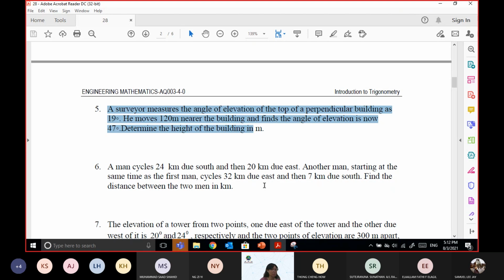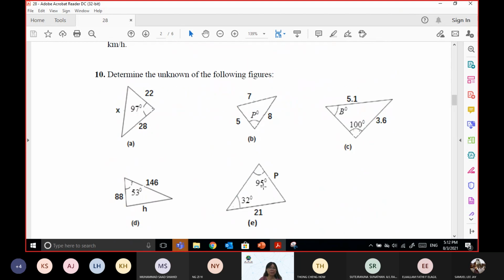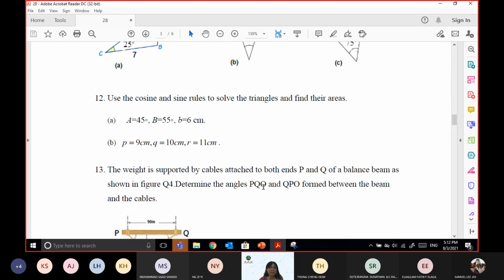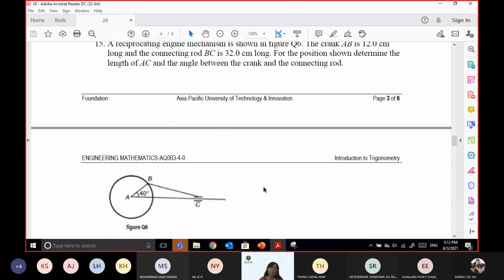But you need to try first: read the questions, try to understand and practice. You can practice using the sine rule, cosine rule, the formula for triangle, and ratios of tangent, sine, and cosine to solve all these.